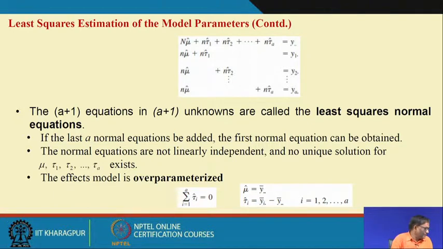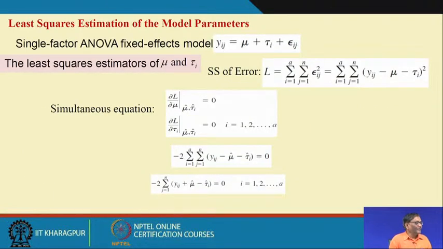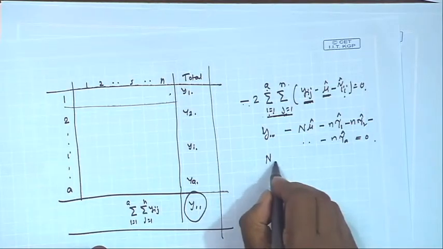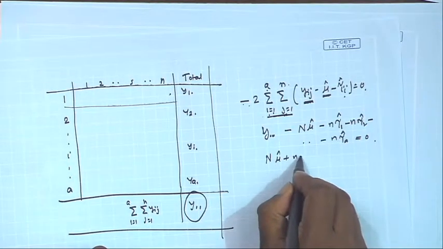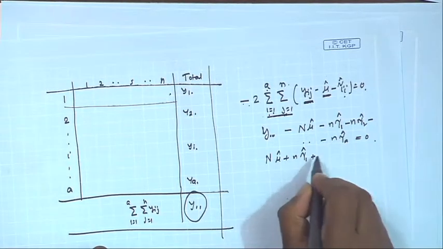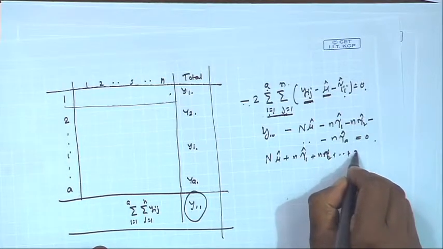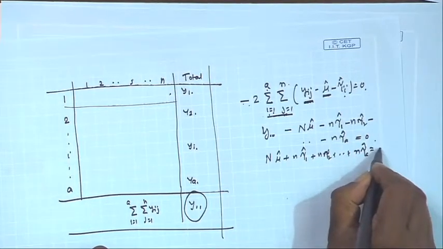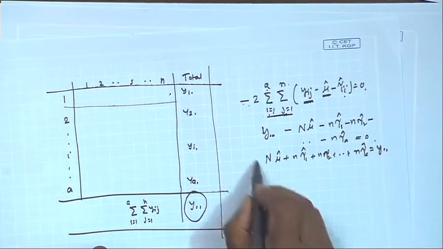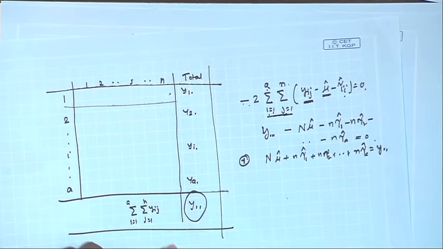Now, come to the second formula. What is the second formula? From the first formula we are getting n mu cap plus n tau 1 cap plus n tau 2 cap plus n tau a cap equal to y double dot. This is our equation number 1.